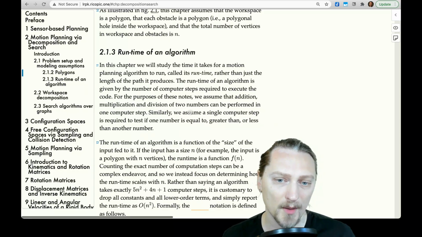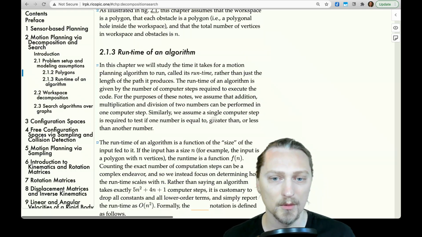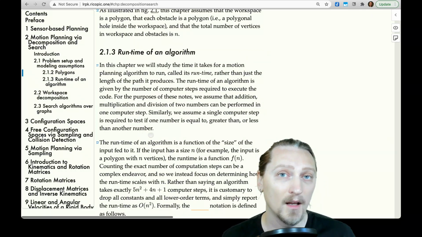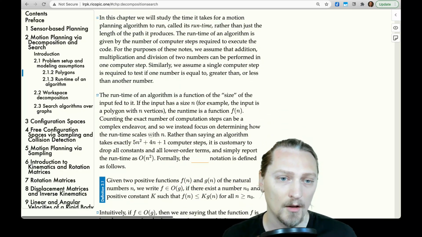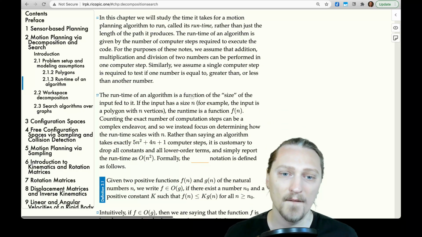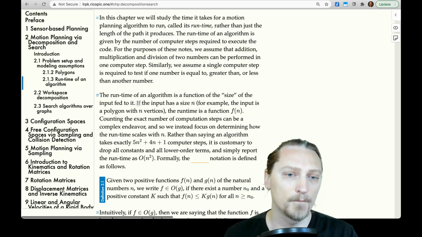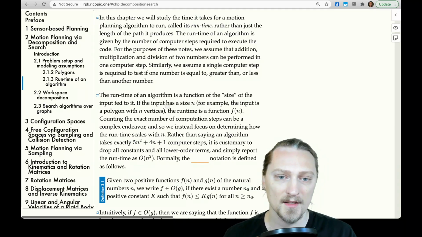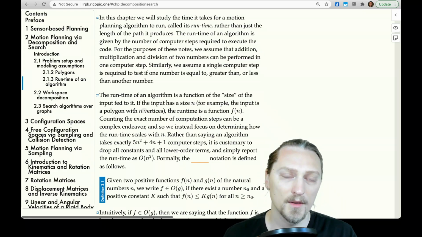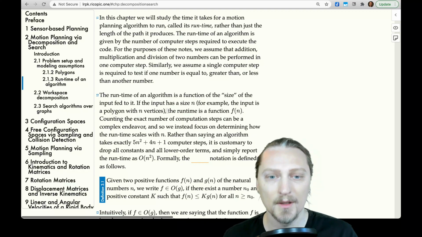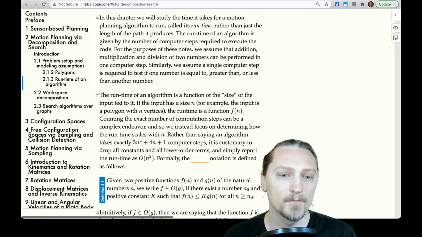Similarly, we assume a single computer step is required to test if one number is equal to, greater than, or less than another number. The runtime of an algorithm is a function of the size of the input fed to it. If the input has a size n, for example, the input is a polygon with n vertices, the runtime is a function f of n.